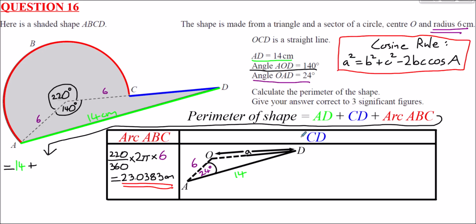So therefore here we can just say that OD, which I've called A, that's going to be the square root of b squared plus c squared. So b and c in any order are 6 and 14. So I'm going to call one of them 6 squared and the other one 14 squared. So 6 squared plus 14 squared.